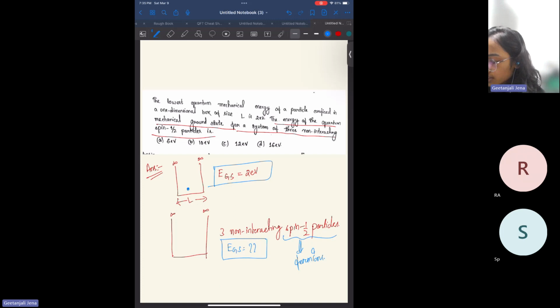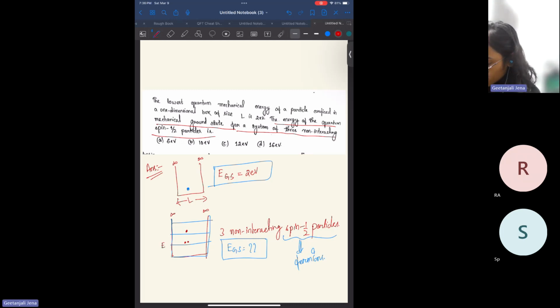In this one-dimensional potential, they have different energy levels. Now, if they are fermions, then you can only put 2 particles here, not more than 2. And it is given there are 3 fermions. That means the next fermion will go to the next state that is above the ground state.